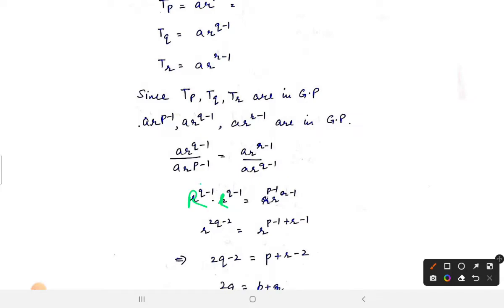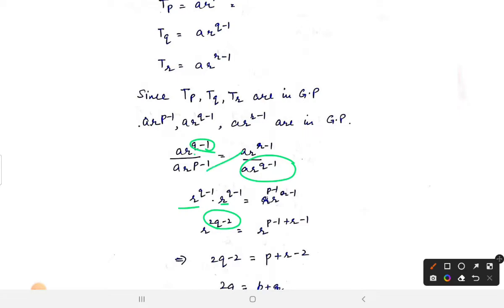So we have Q plus Q, it is 2Q minus 2. And here you have R into R to the power P minus 1 into R minus 1. In this, cross multiply. So it is R to the power Q minus 1 into R to the power Q minus 1, so it is R to the power 2Q minus 2, because in multiplication, bases are same, powers will get added.